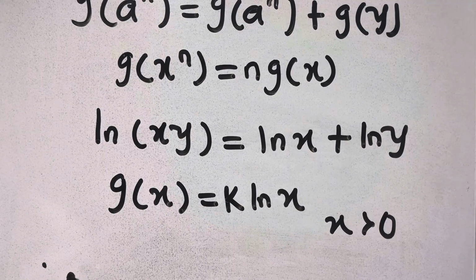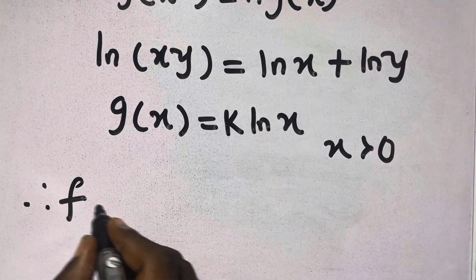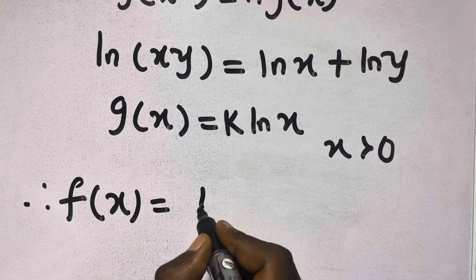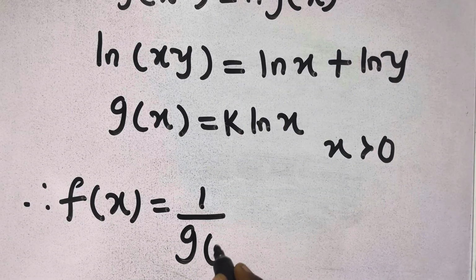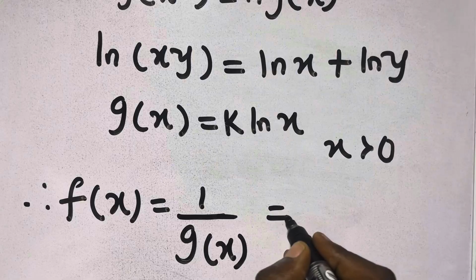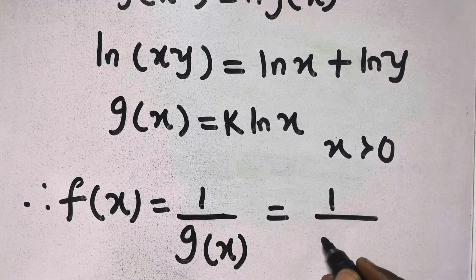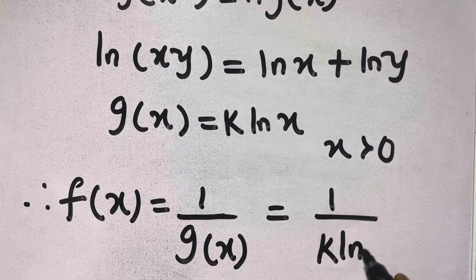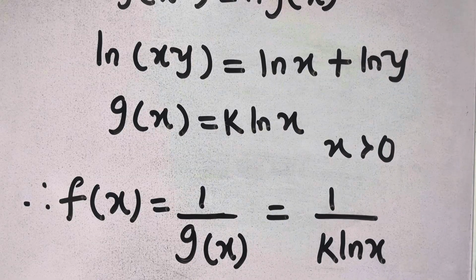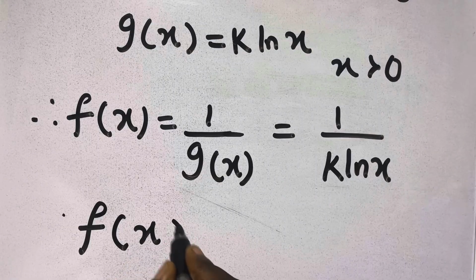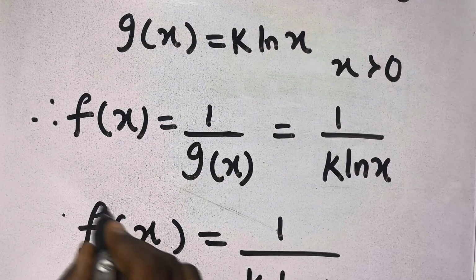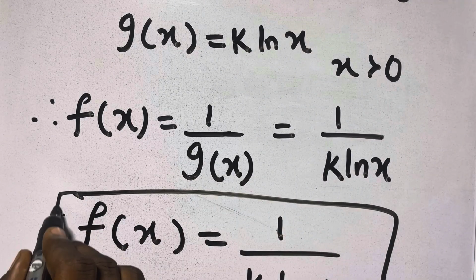So therefore, what they ask us to find, which is our f of x, is equal to 1 divided by g of x. And don't forget our g of x is equal to k ln x. So this is our final answer. We have f of x equals 1 divided by k ln x. This is our final answer.